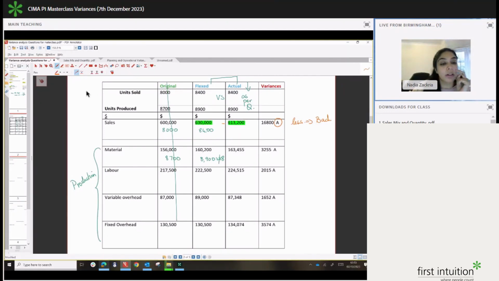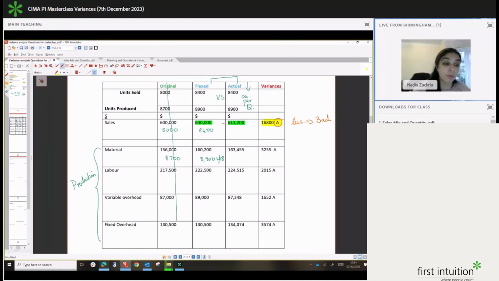We don't want to stop there. We want to know, why do we have this adverse variance? What went wrong? Was it because something went wrong with the price? Now we know we've sold more than we planned. So it's not the quantity variance because we initially planned to sell only 8,700, but we've sold 8,900.